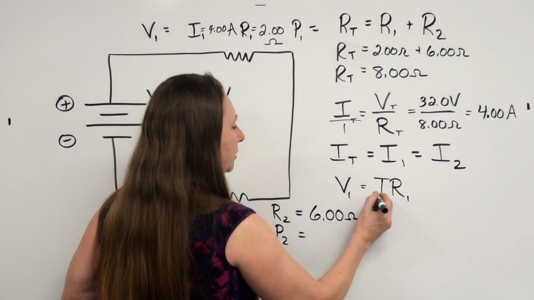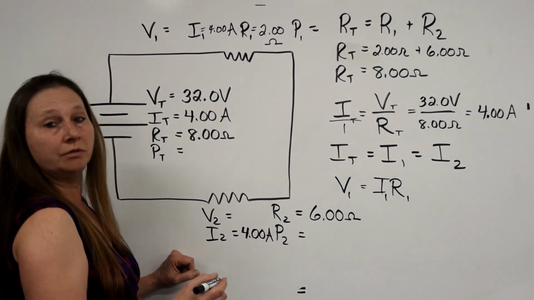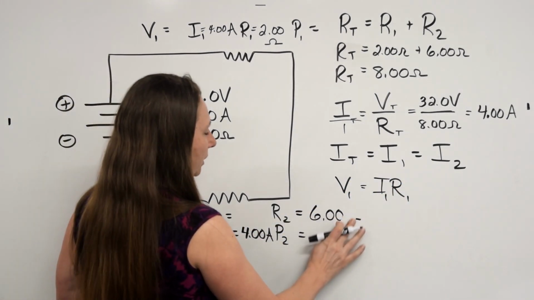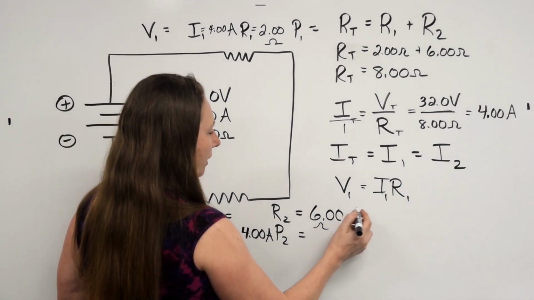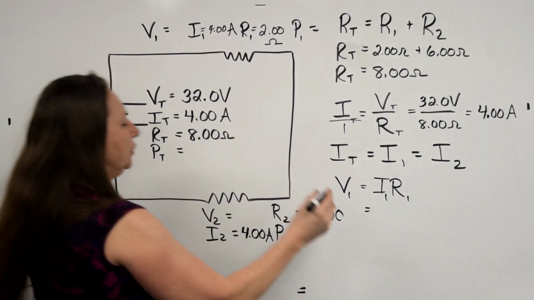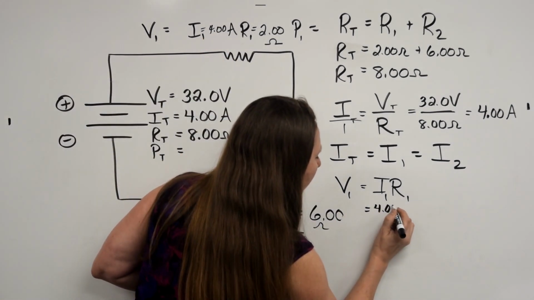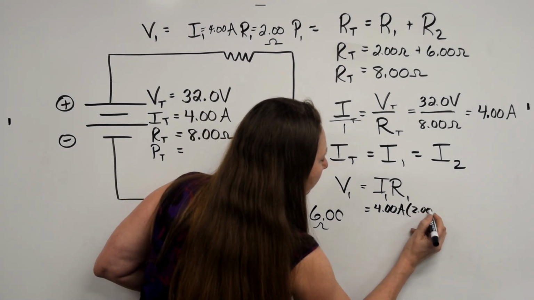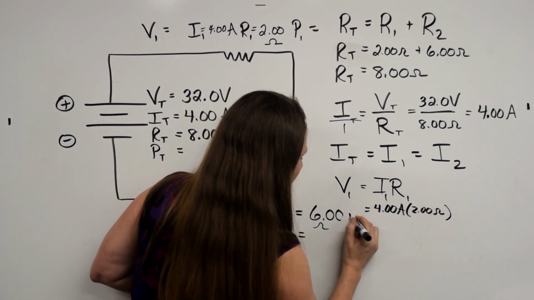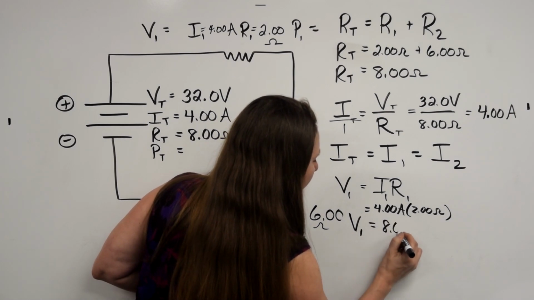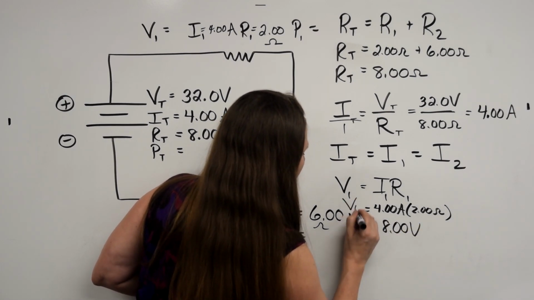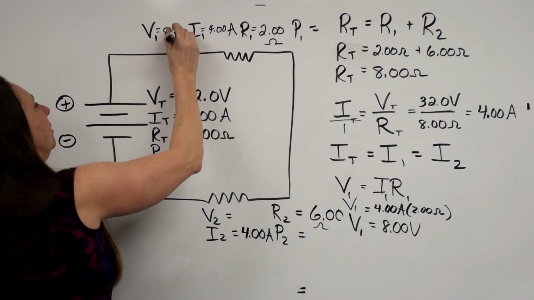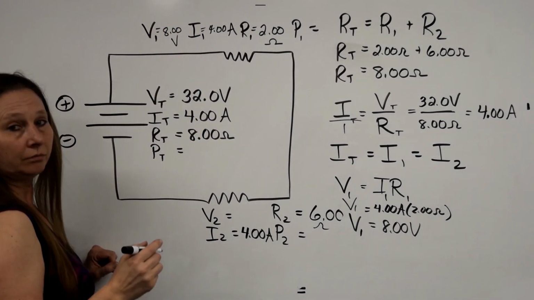All right, so now, I1 is 4 amps. R1 is 2 ohms. So, V1 is 8 volts. So this here is 8 volts.